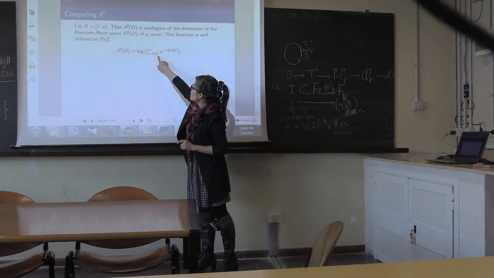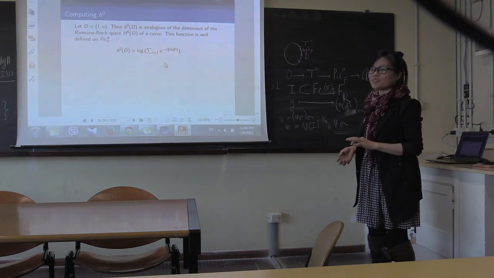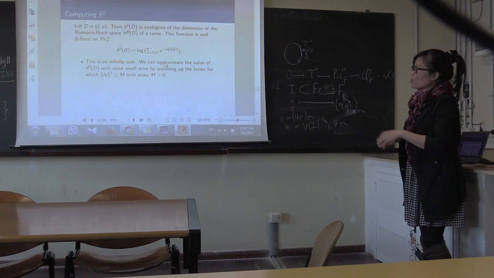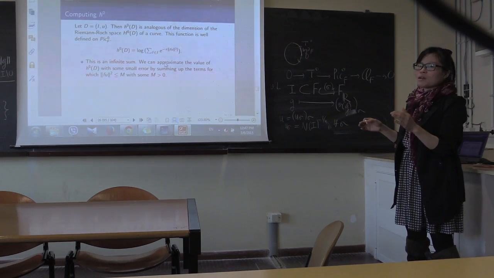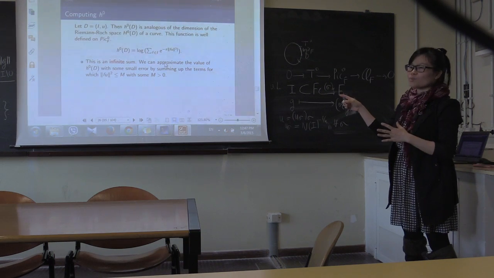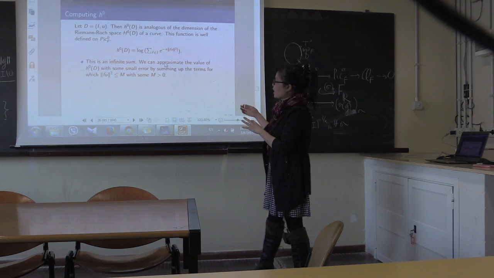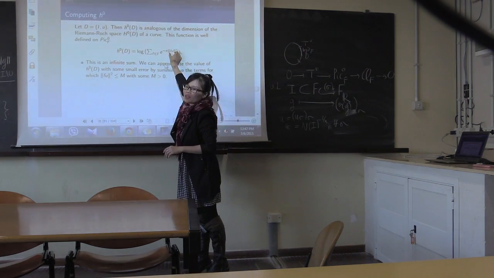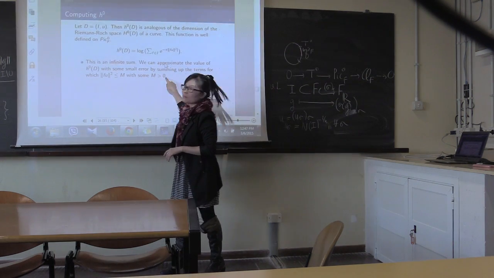Because I is a fractional ideal, it has infinite elements. So this sum is infinite. So we will compute it by only approximating the value of this function with some small error, by taking the sum of just the short elements here. Short means bounded by some positive number n.